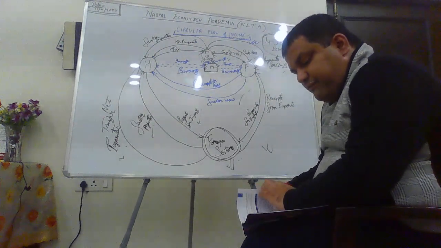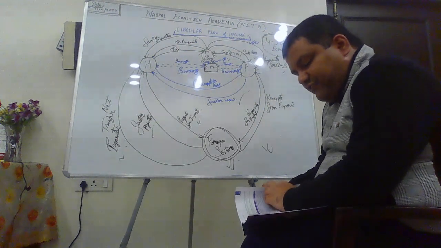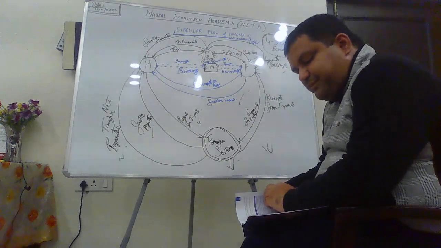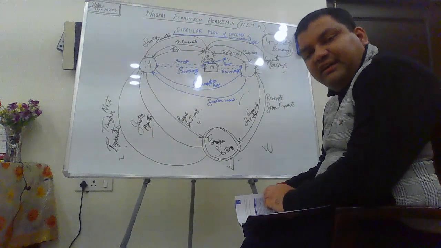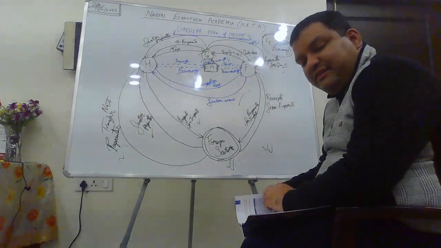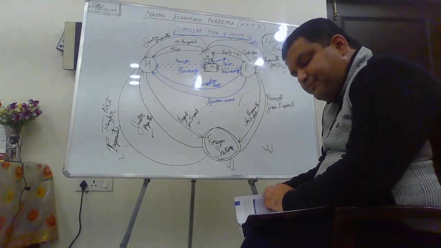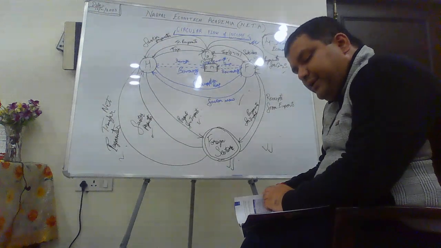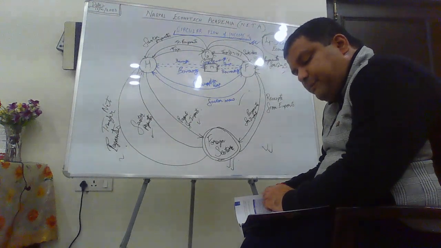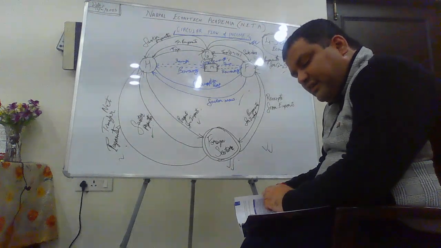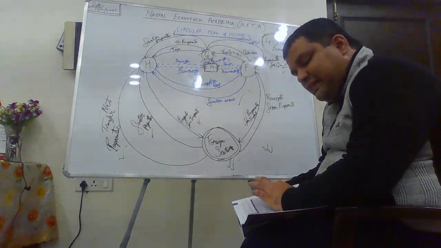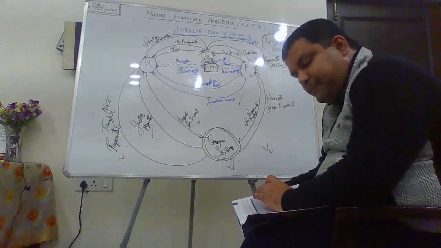First of all, there comes a generation phase in which the firms produce the goods and services with the help of the factor services, that is the production of the final goods and services with the help of land, labor, capital, and entrepreneur.